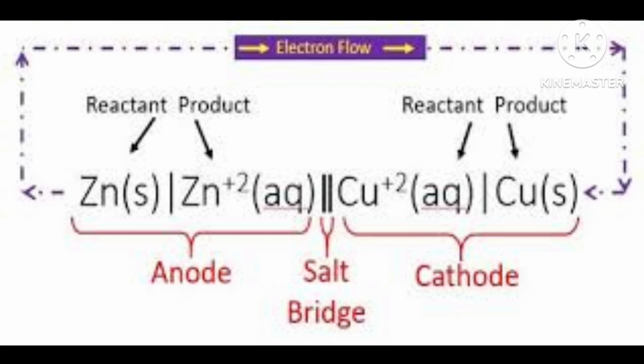Then here what will happen, now minus 0.76, that is the potential. Then that is equal to, now you can say the electrode potential of both, the electrode potential of SHE plus the electrode.